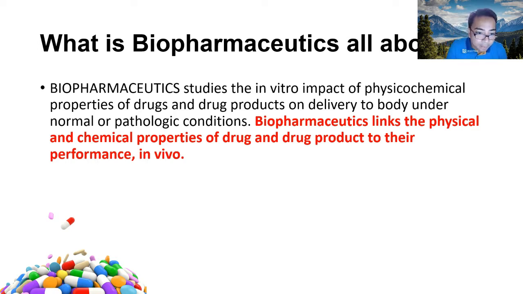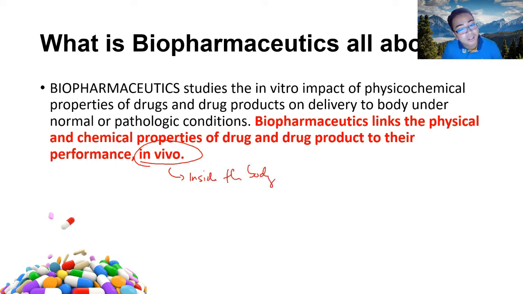Remember, class, when we say in vivo, it means inside the body. Hindi lang under laboratory conditions. Kasi pag laboratory conditions lang yun, that's in vitro. Ibig sabihin, highly controlled yung environment. Pag in vivo, class, this is a situation wherein we're using actual body.